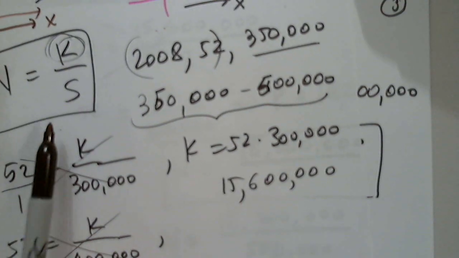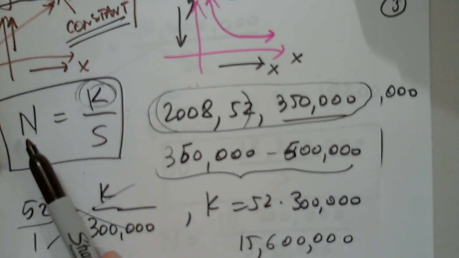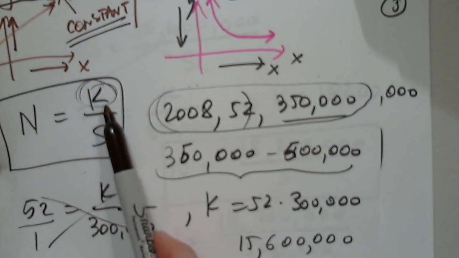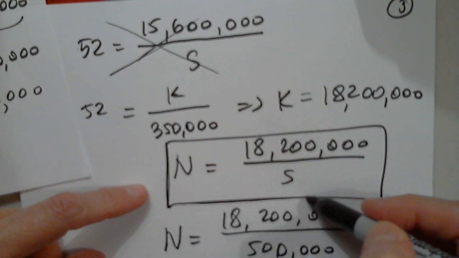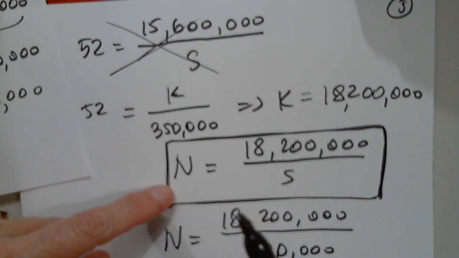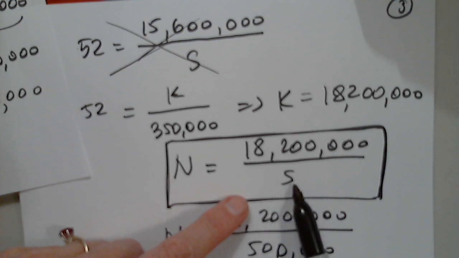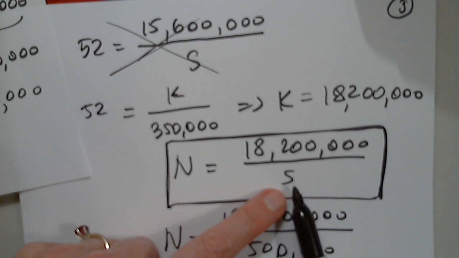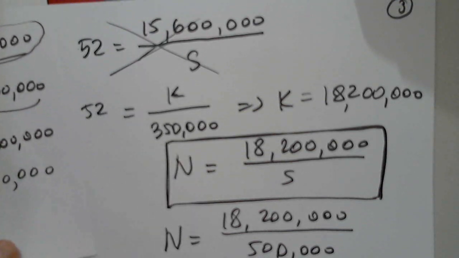So the relationship was determined from this initial information, 52, 350, and I determined K. Now, once I have K, this is the relationship between the number of cities with a population greater than 350 and S. So now I have 500,000.